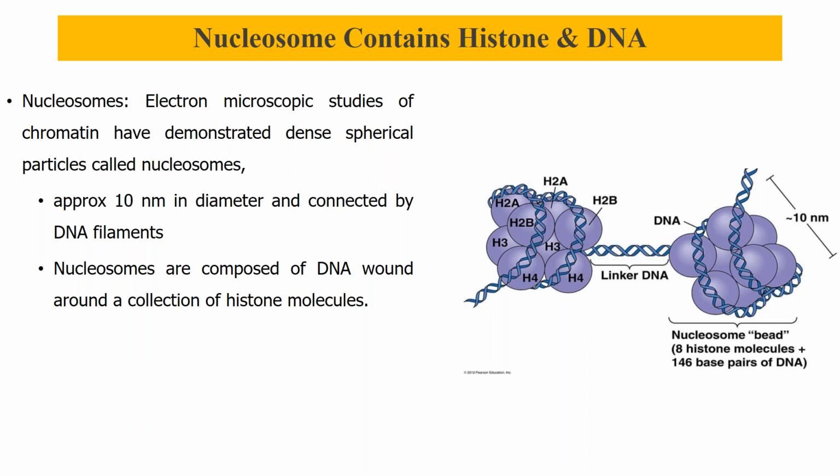And what is a nucleosome? Nucleosome on the electron microscopic view, chromatin which has condensed into a dense spherical particle is called a nucleosome. It has approximately a diameter of 10 nanometer and it is connected by DNA filaments in between. Nucleosomes are mainly composed of DNA which is wound around a collection of histone molecules. ठीक है.